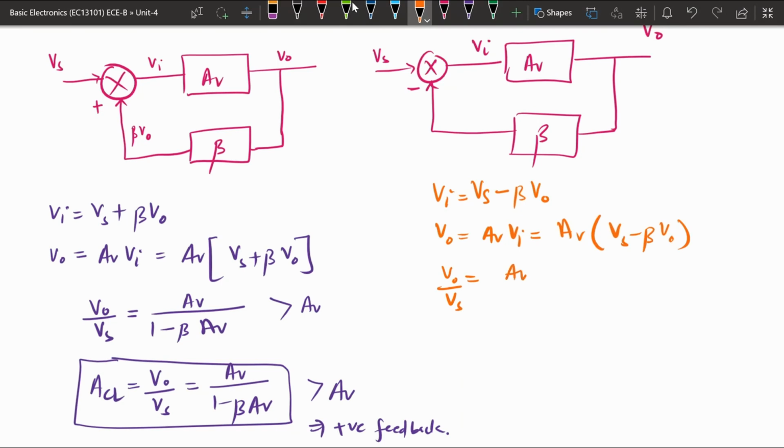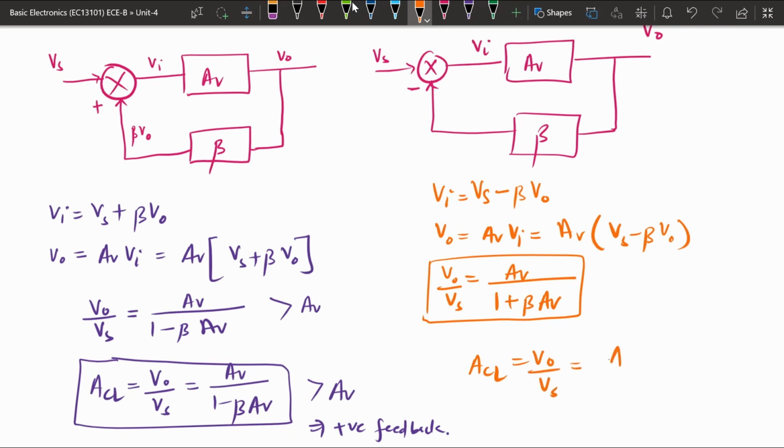So it is coming out to be AV divided by, instead of minus there, it will be plus. So here this gain is called closed loop gain, that will be equal to V naught divided by Vs, and here it is AV divided by 1 plus beta times AV.